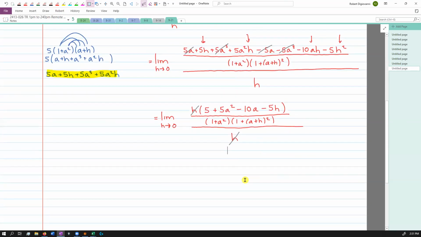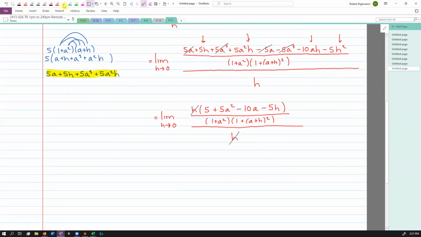So now at this point, I can let h go to 0. So everywhere I see an h, those terms are going to go away. So that goes away, that goes away. That's about it. So all that's left is 5 plus 5a squared minus 10a. This thing in blue is completely gone. Over, okay, I have 1 plus a squared in parentheses. And then if I let this h go away, then I have just a squared here.